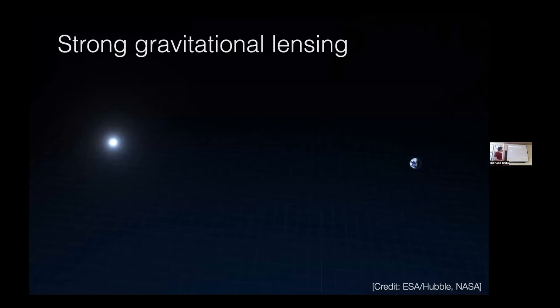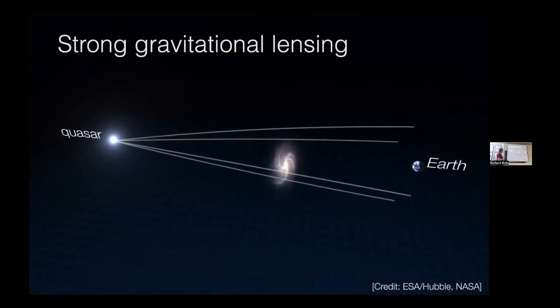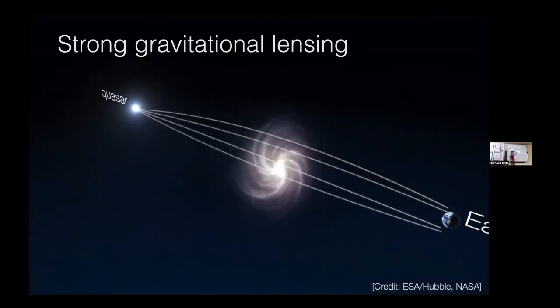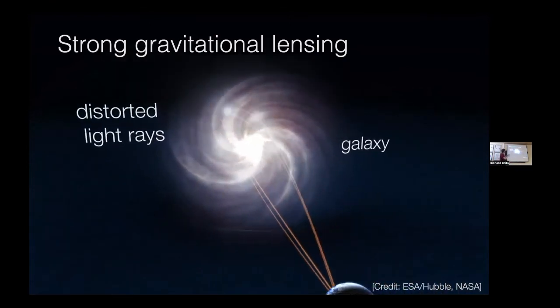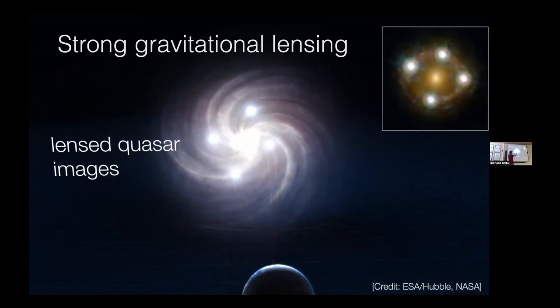So it's about strongly lensed supernovae, strong gravitational lensing. It's something that happens when you have a distant background object and you have a foreground galaxy between the observer and the distant background object. The gravitational potential of that galaxy bends the light. And in the strong lensing regime, you get multiple, typically 2 or 4, images of the background object.